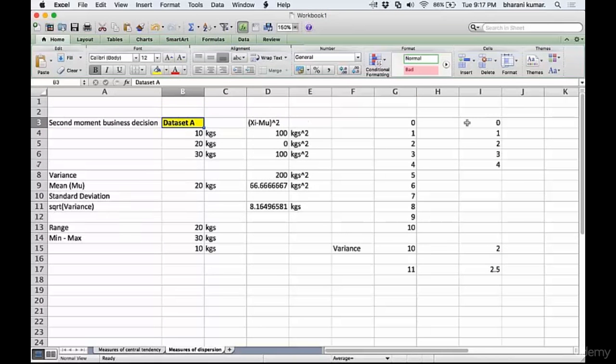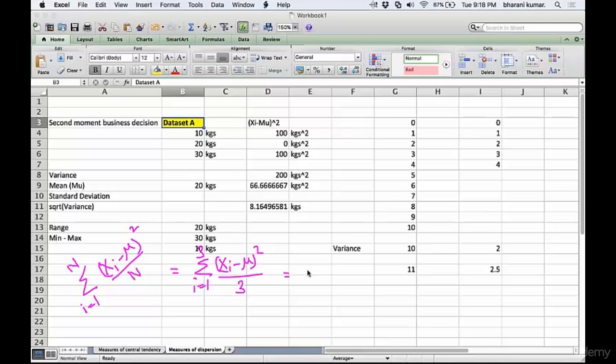The formula to calculate variance is as follows. Sigma i equal to 1 until n, (xi minus mu) whole square, and you divide it by n. Here I have three numbers, so I'll write this as sigma i equal to 1 until 3 (xi minus mu) whole square, and instead of n I'm going to replace it by 3 because we have 3 data points.